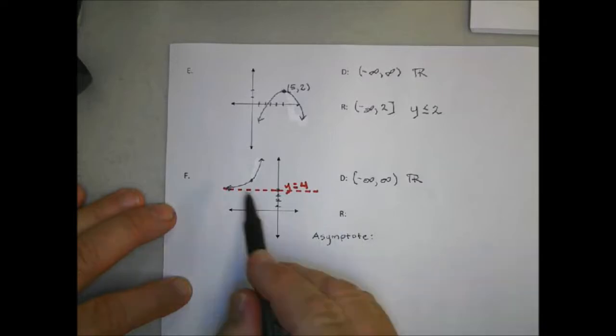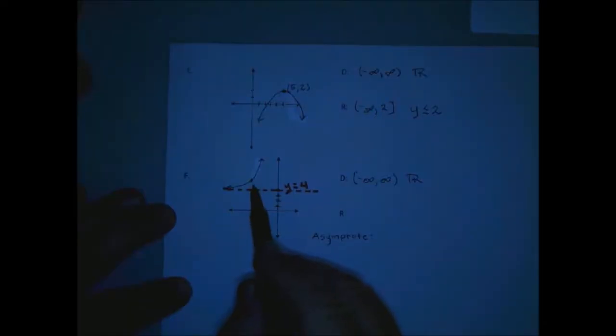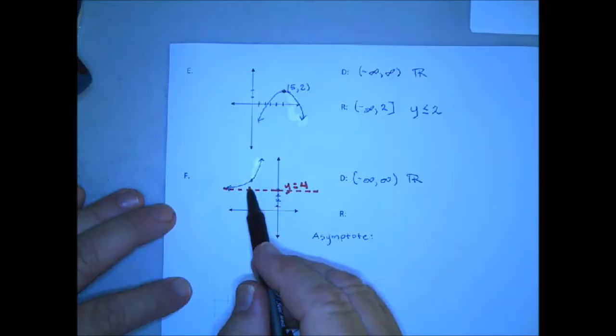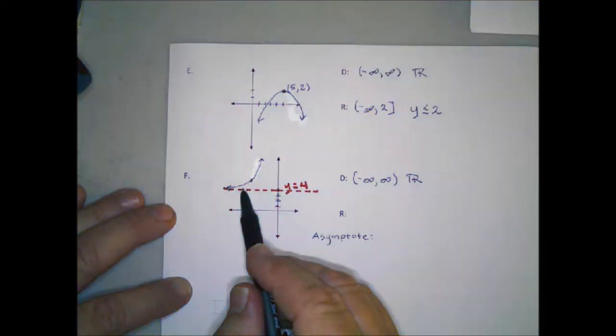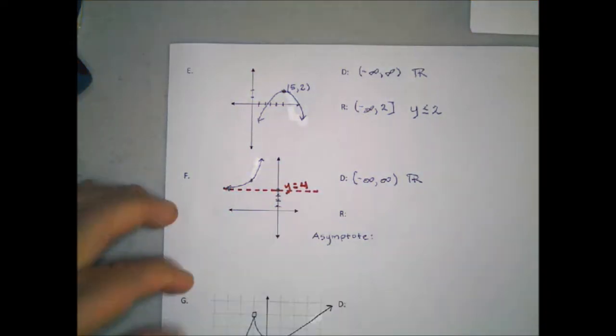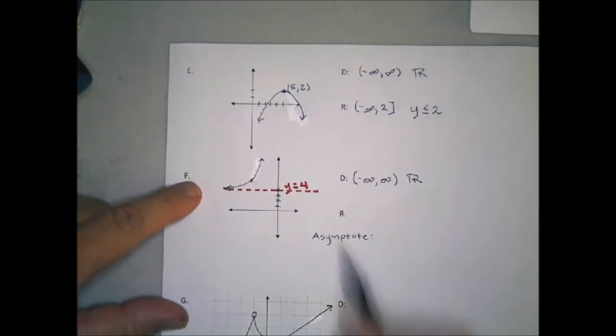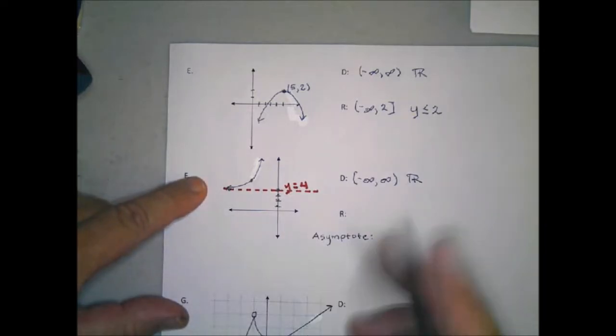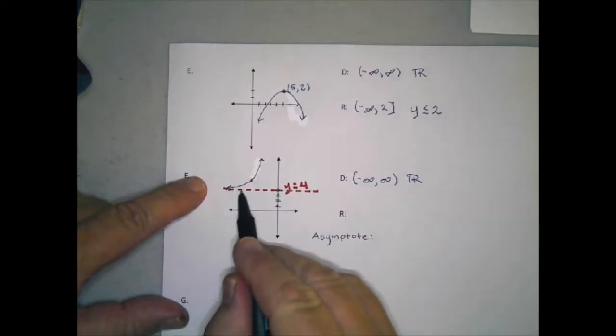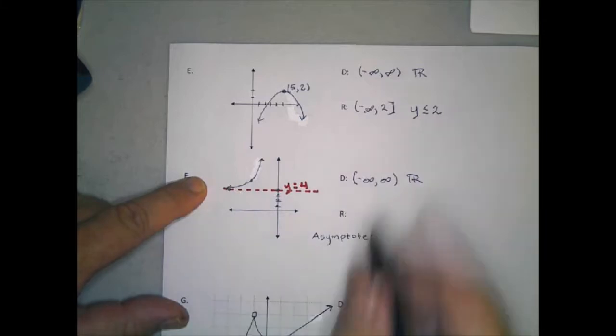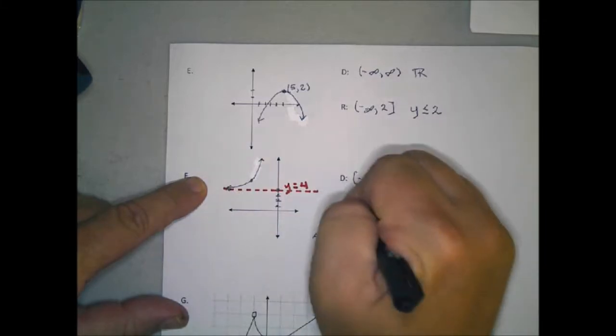The range, on the other hand, the lowest this reaches, the lights just went out for a second, the lowest this reaches is y equals 4. And it never really does touch y equals 4.